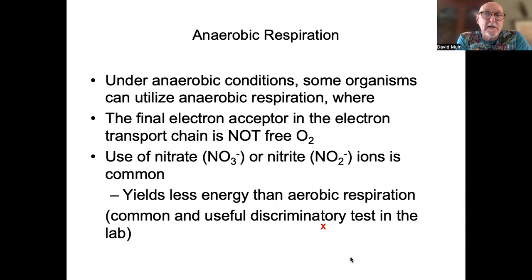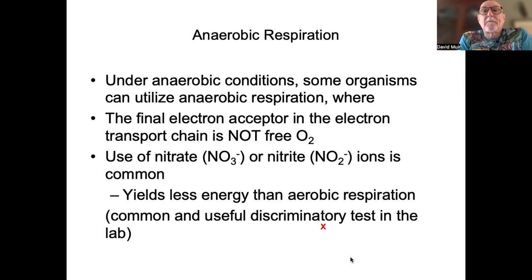They still use the electron transport chain, etc., to produce ATP. And the way in which they do it is they still use oxygen. It's just that they don't use free oxygen. They don't use oxygen dissolved into the cytoplasm. Instead, they abstract oxygen from a compound which has oxygen as part of it.